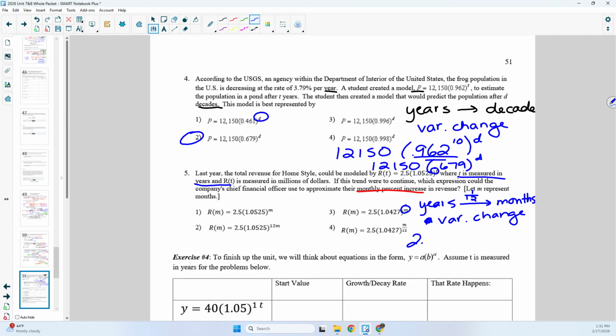So I start out with my equation. I want 1/12 of that growth per month. I need to change over to months. And if I take this in, I am going to get 1.0427.